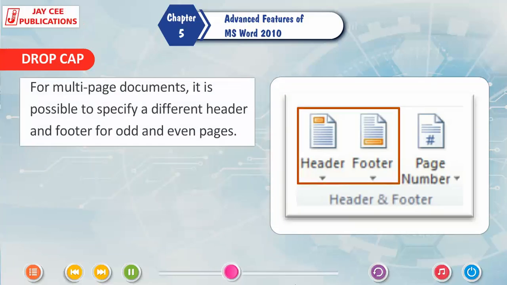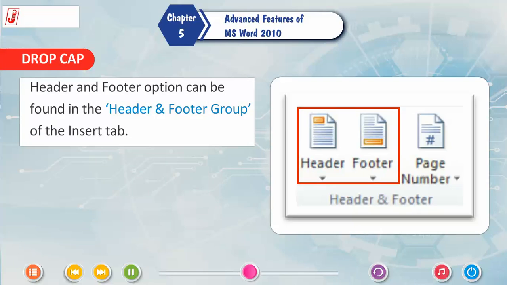For multi-page documents, it is possible to specify a different header and footer for odd and even pages. The Header and Footer option can be found in the header and footer group of the Insert tab.